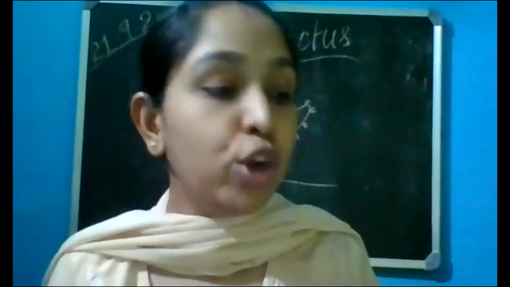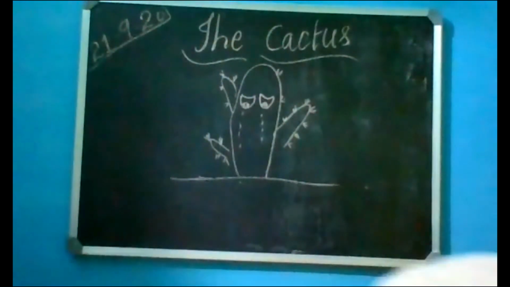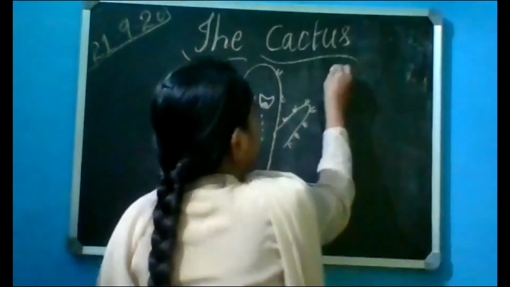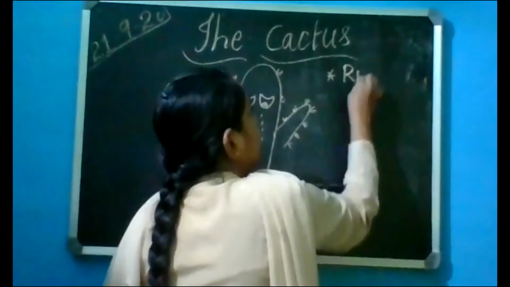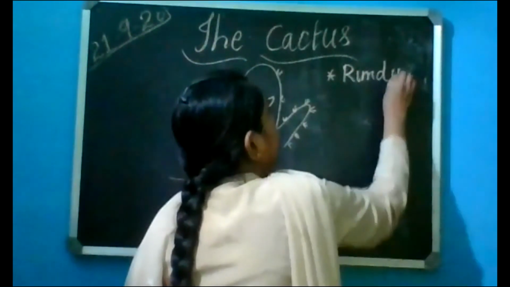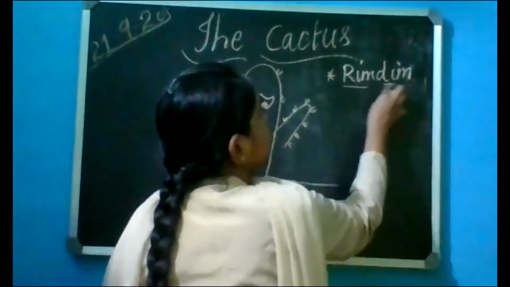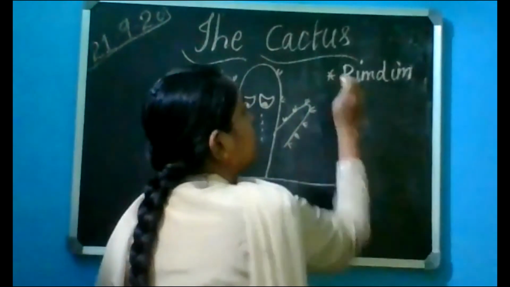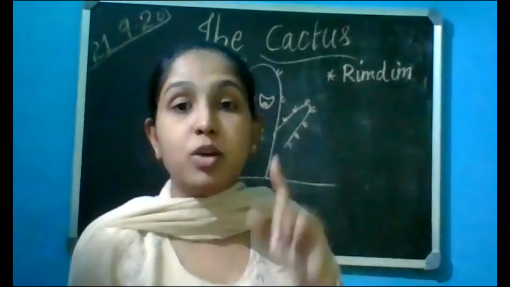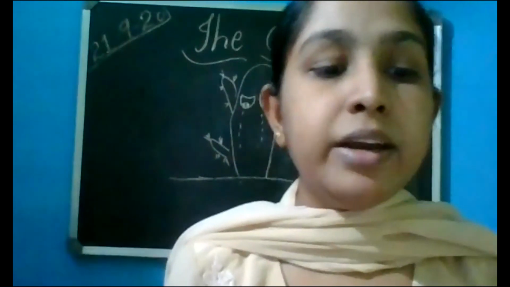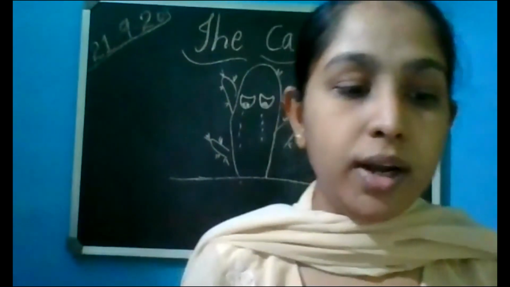Rimdim. I'm just going to write the new words which you have not heard before on the board. So shall we read this? It is Rimdim. In the kingdom of Rimdim, there was a beautiful garden, located in the small kingdom called Rimdim.